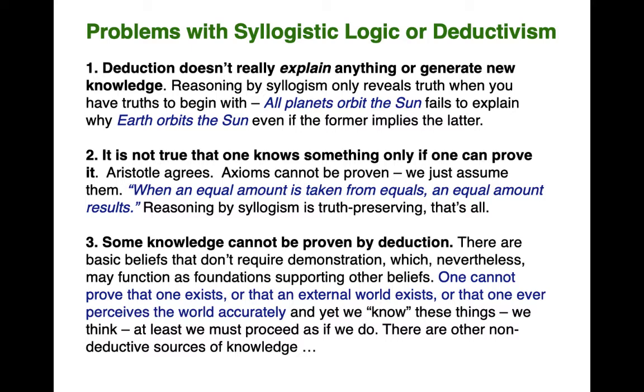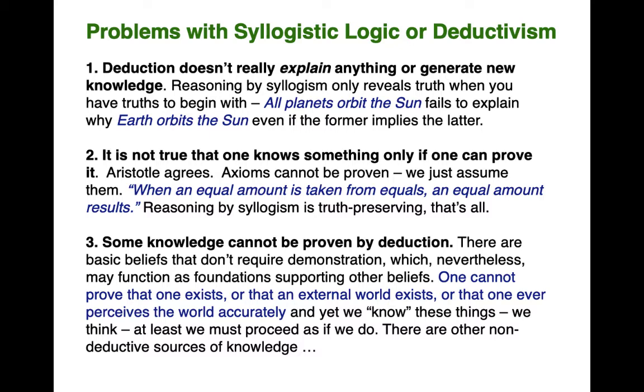Number two, it's not true that you know something only if you can prove it. Aristotle agrees. Axioms can't be proven. We just assume them. For example, an axiom is a self-evident truth, one for which we cannot give proof. We just presume. And it's not that easy. It's not just that we believe it based on faith.